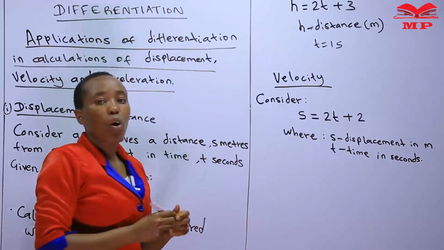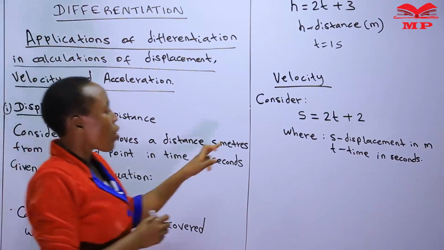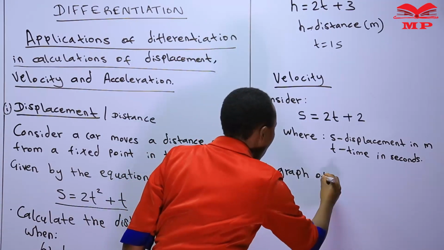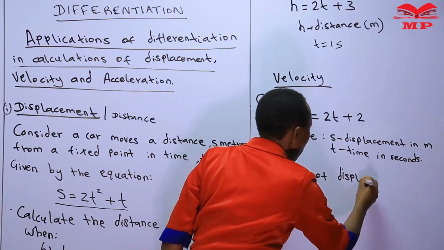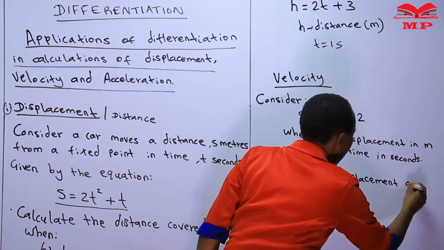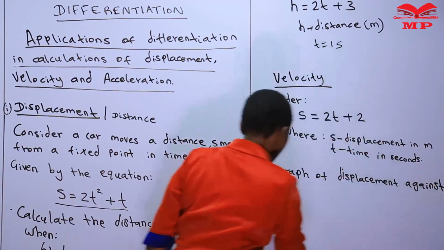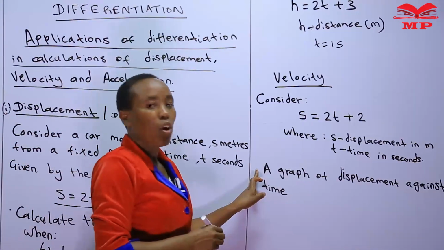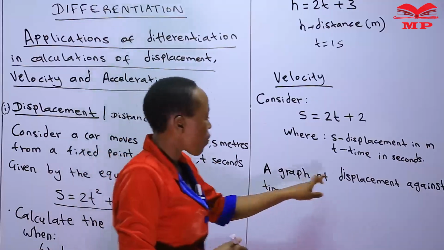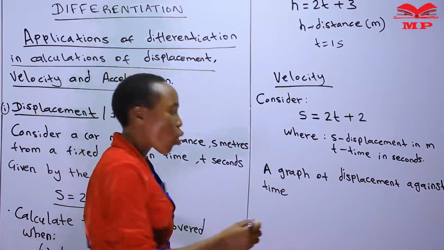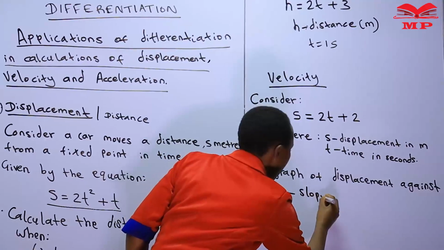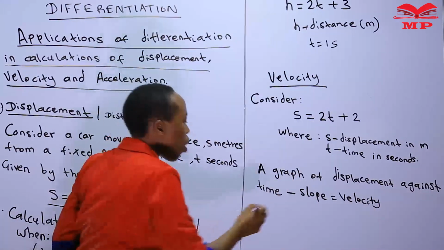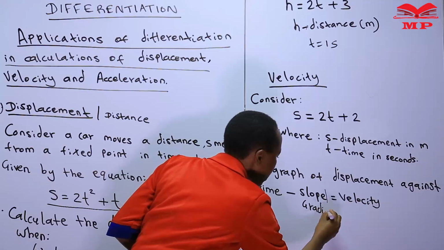Before we get even to differentiation, we know very well that when we have a graph of displacement against time, from your previous knowledge in linear motion, the slope, or the gradient, will give us the velocity.